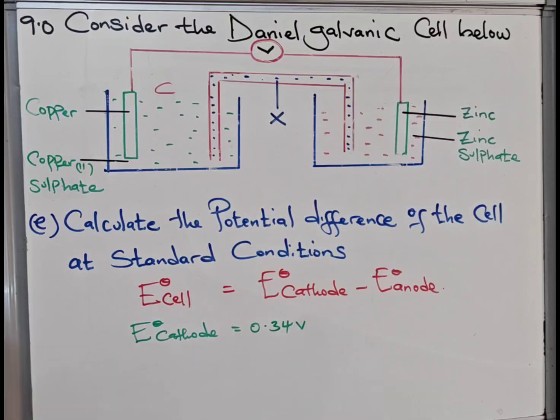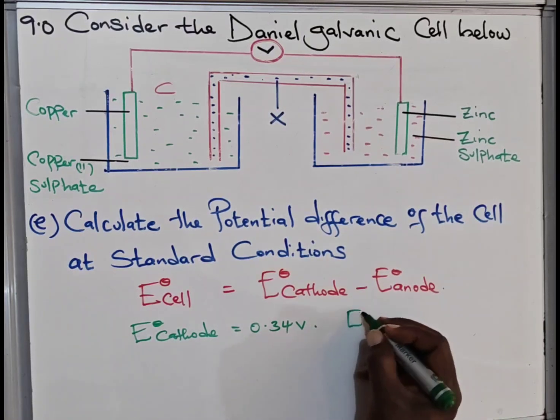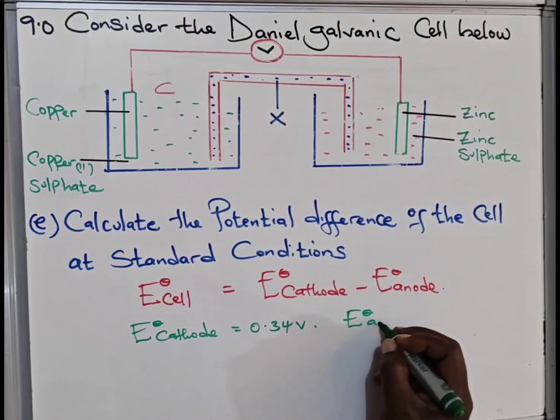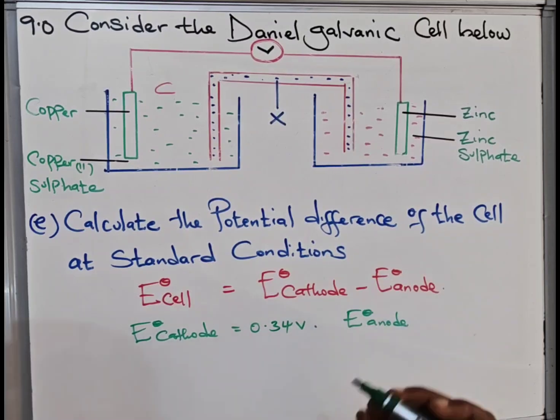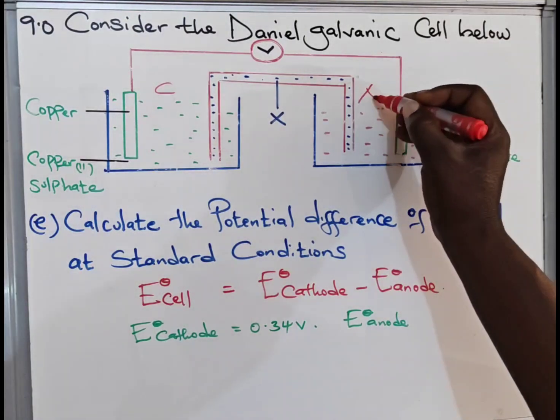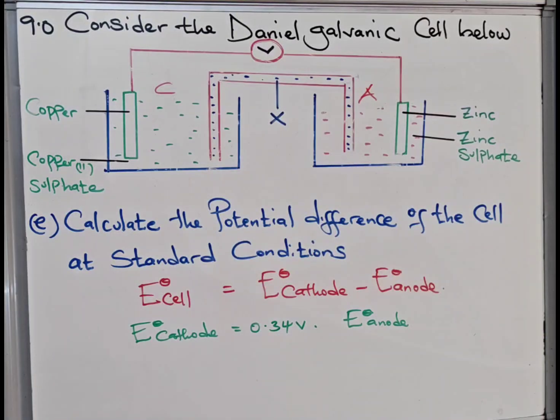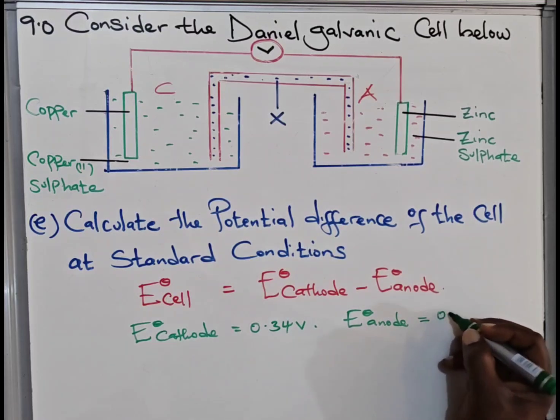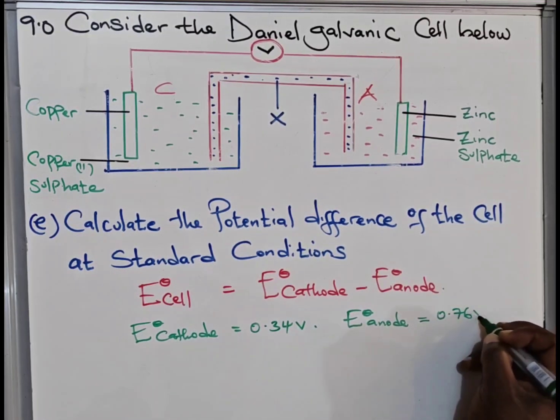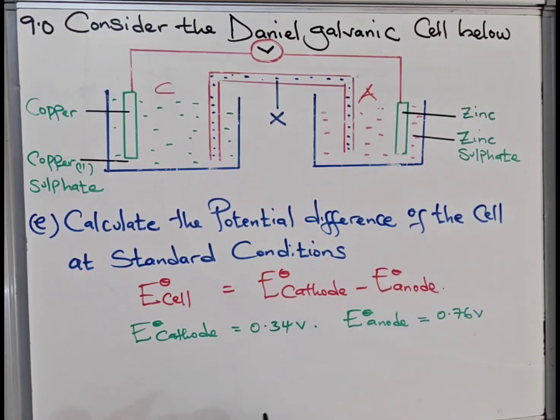Then next, you go ahead and look at E naught anode. And we saw that our zinc is the anode. Okay. And what value do we have from the table? It is 0.76 volts.